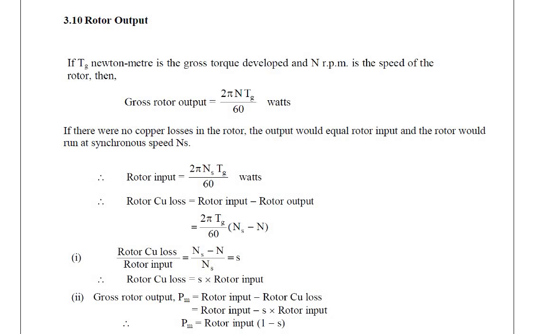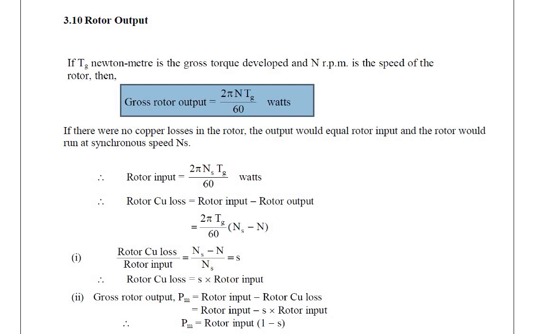If Tg is the gross torque developed in Newton meter and N is the speed of the rotor in RPM, then the gross rotor output will be 2 pi N Tg divided by 60 watts.